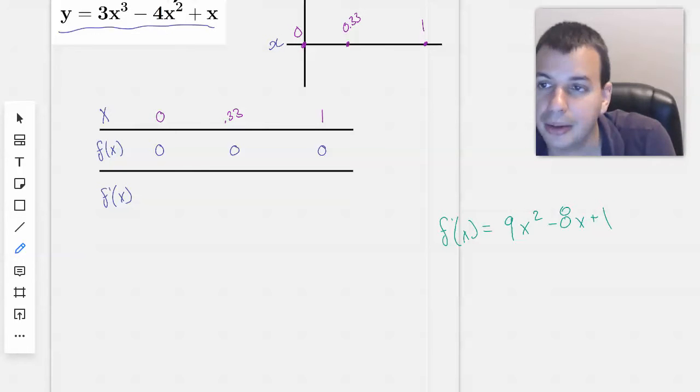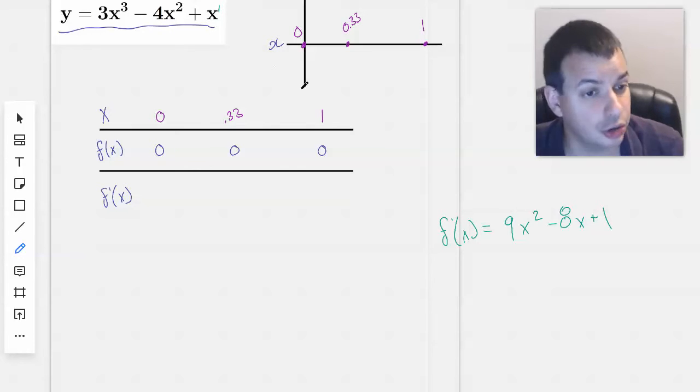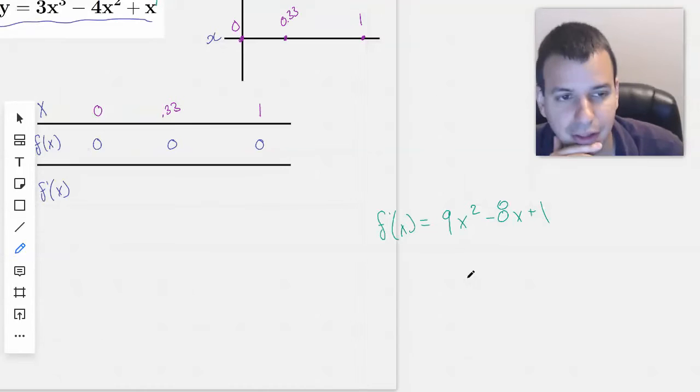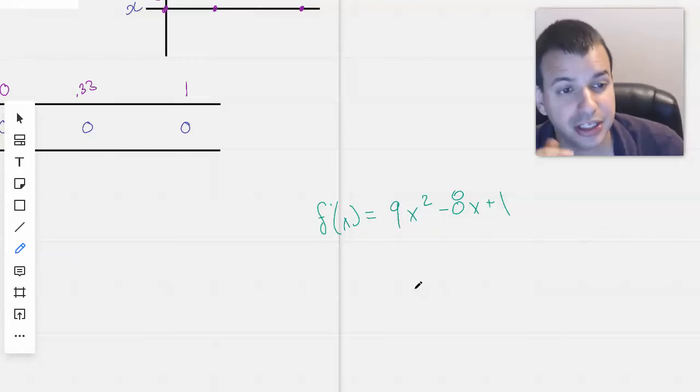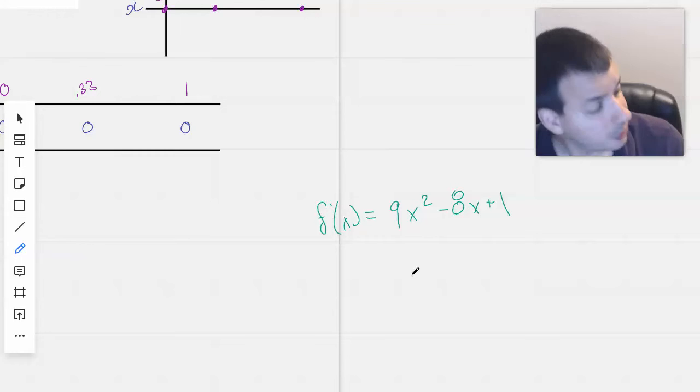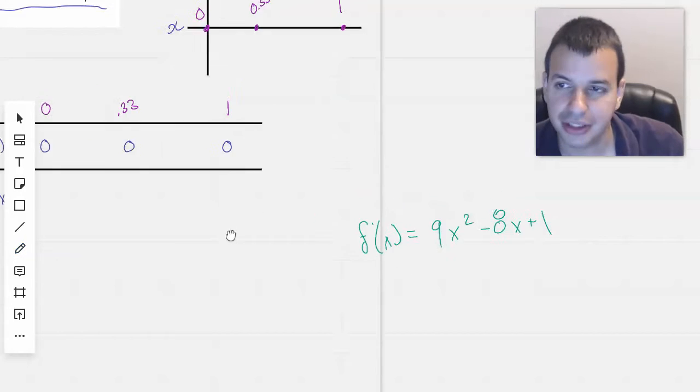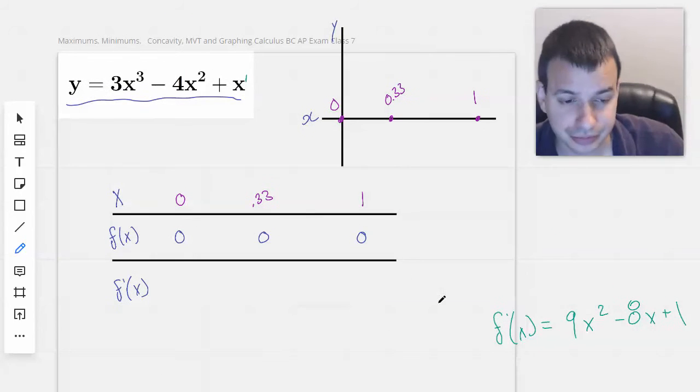Bring the 3 down, bring the 2 down, and then you can say there's kind of a 1 here. You bring that down, you get x to the 0. X to the 0 is 1. We are left with 1. Okay, so then this is the derivative of y with respect to x, or f prime of x.